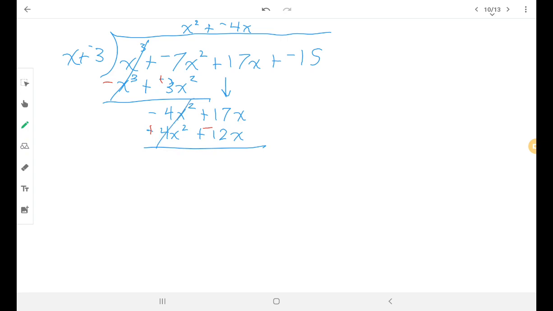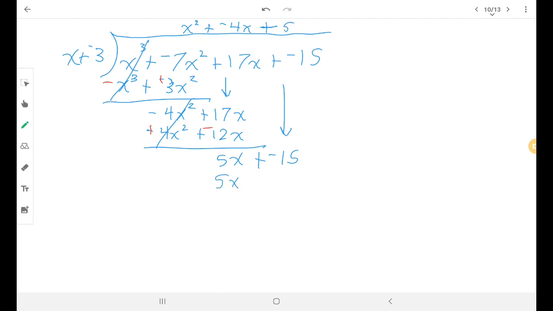Those cancel, that's how you designed it. And then 17x plus negative 12x is 5x. Bring down the plus negative 15 plus, and start over. Now 5 times x is 5x. I hope you can see that.